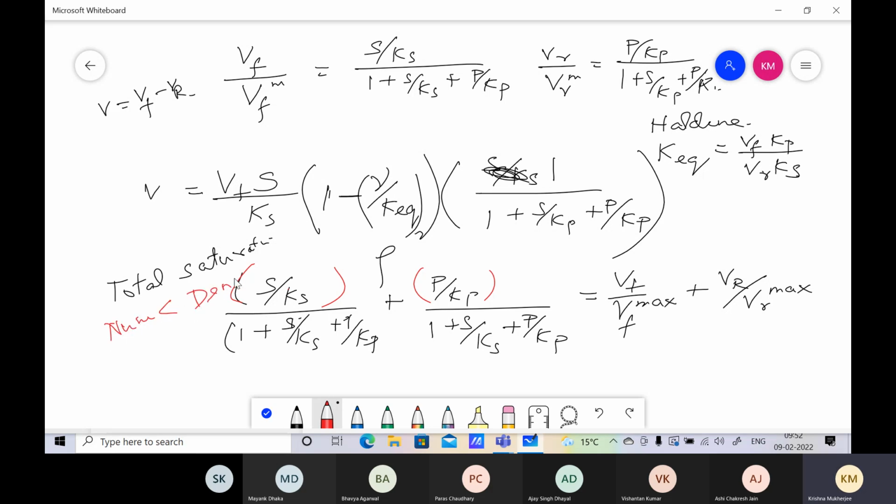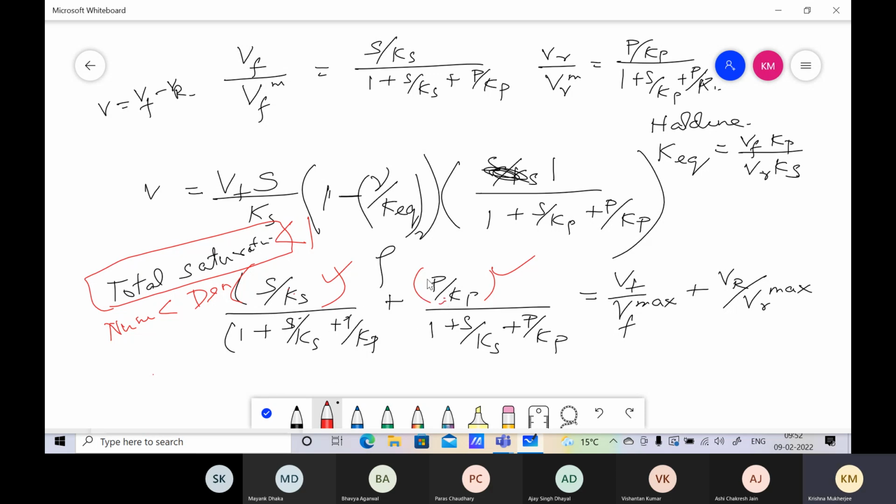Therefore, by definition, the total saturation will always be less than 1. And each of these is also independently less than 1. But together also they're less than 1, because if you add them up, they're less than 1.